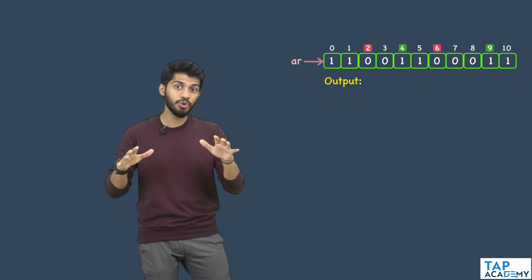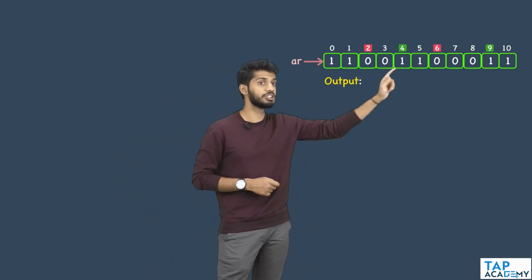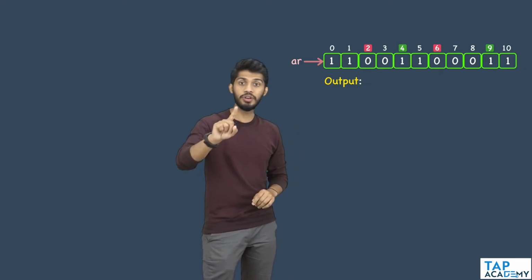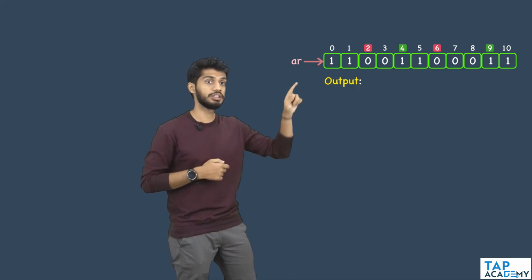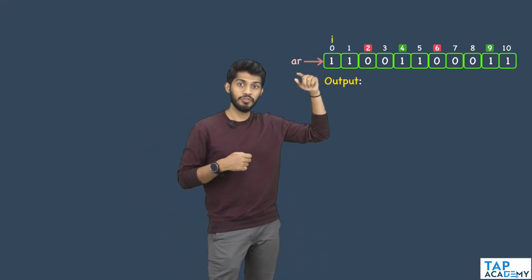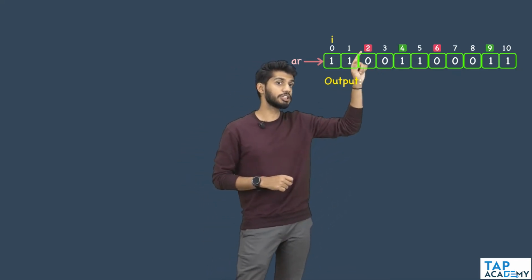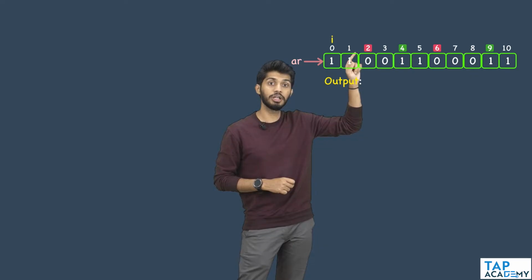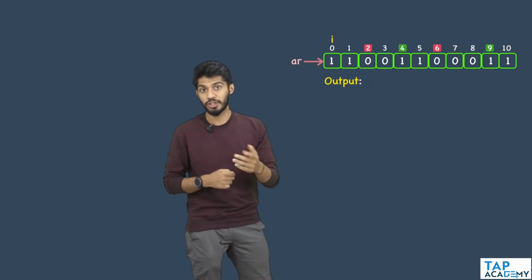So what I would do is, since anyway I am going to traverse this particular array, I need one variable for traversing this array. The variable I am going to pick is i. Every time I will make use of this i and traverse the array. So I can clearly say the element present in the starting index, the element present in the ith index and the i minus 1 index, is not equal.